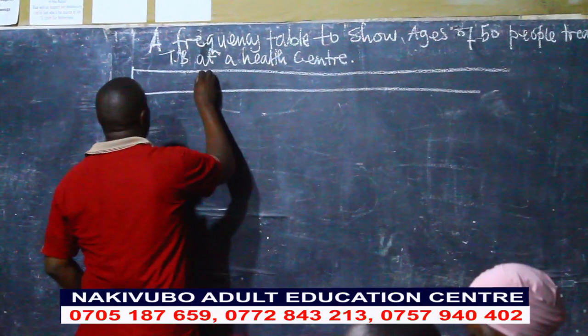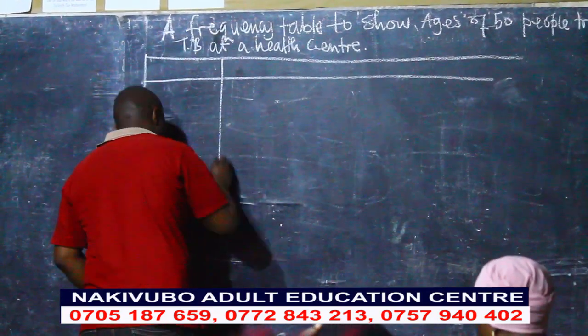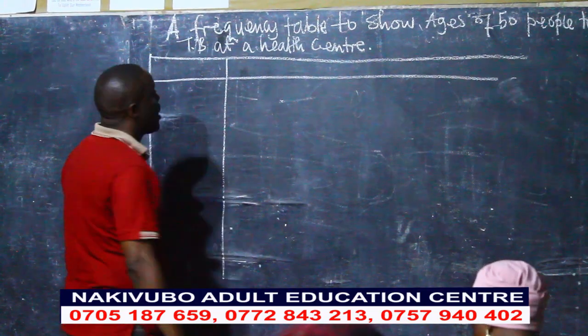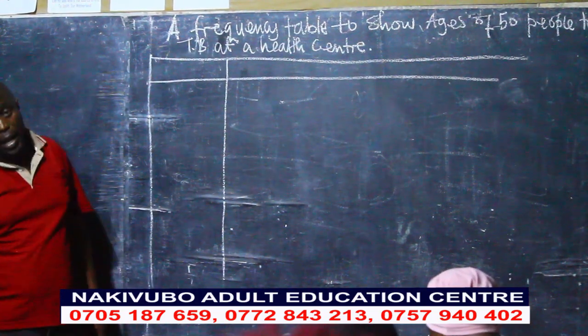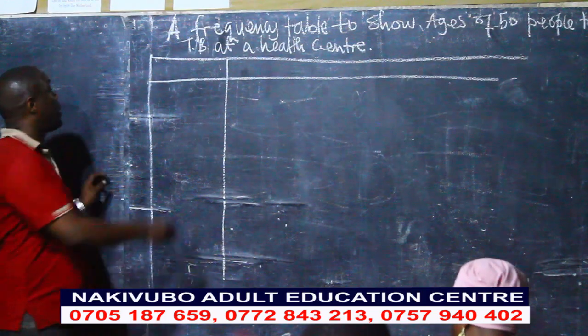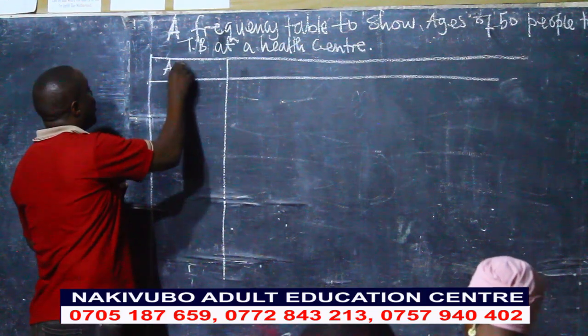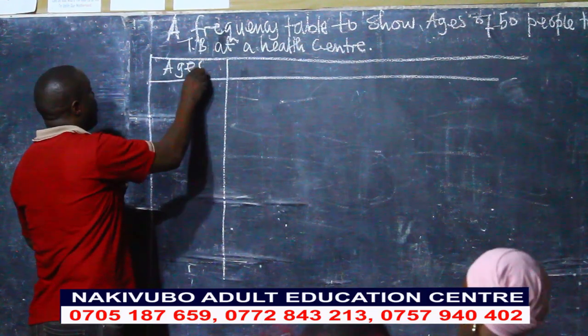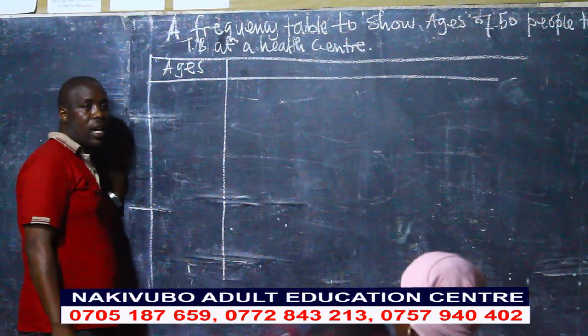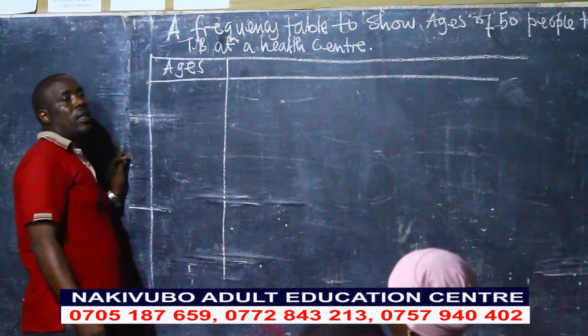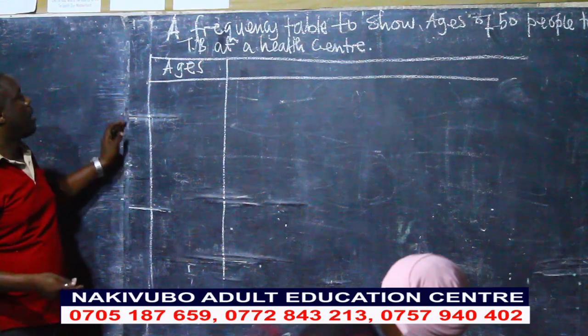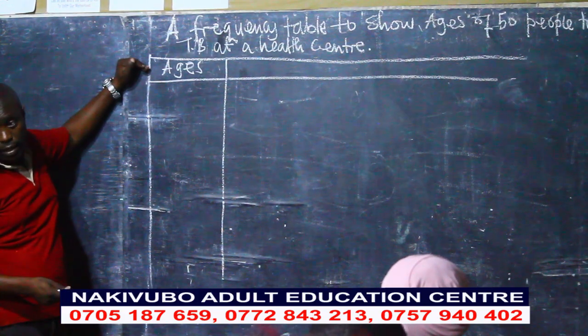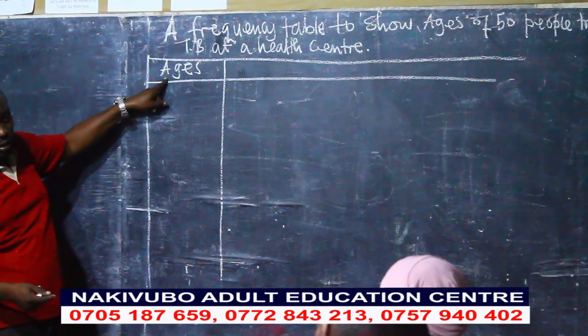The first column, in this question, was ages. So you can put here age. In other questions, they might have looked at length, so you put here length.